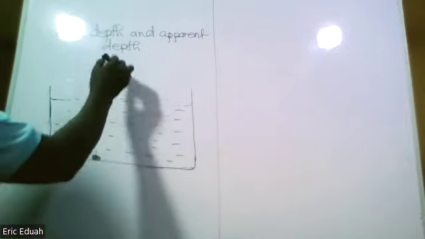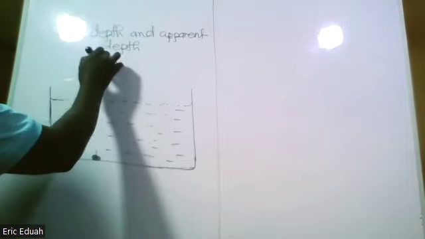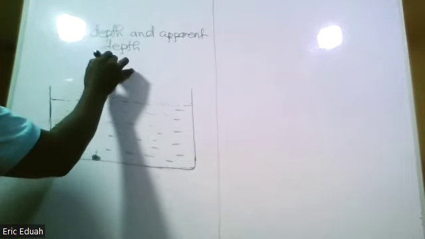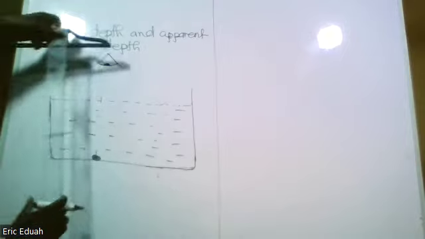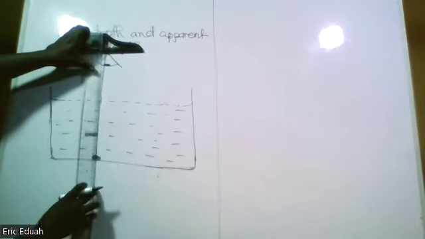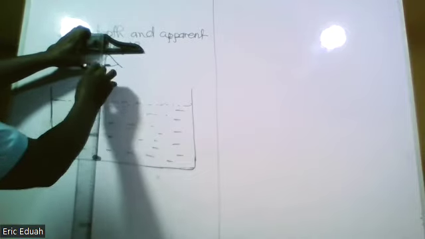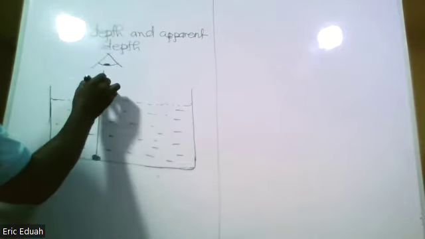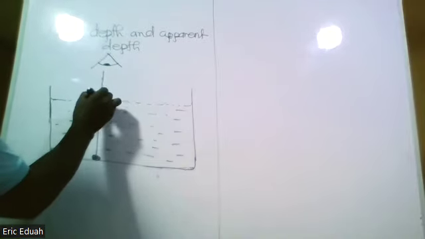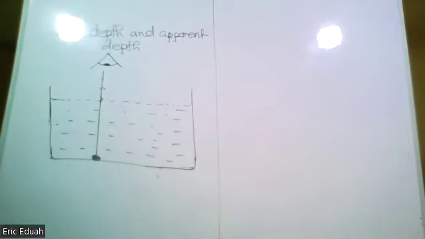So if you are here and you are looking at this object, light would have to travel from the object and be captured by you. So this is the light coming from the object. This light is traveling perpendicular to the surface, so it goes undeviated.